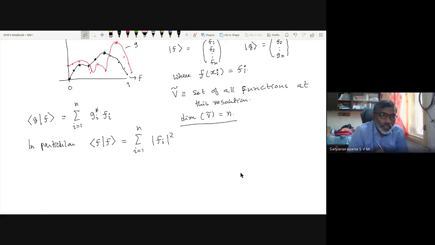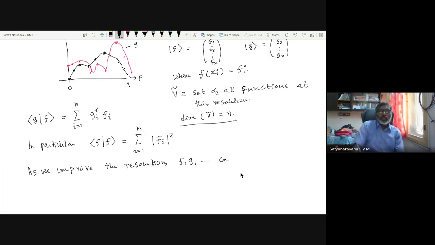So as we improve the resolution, f, g, etc. can be determined at more values of x.